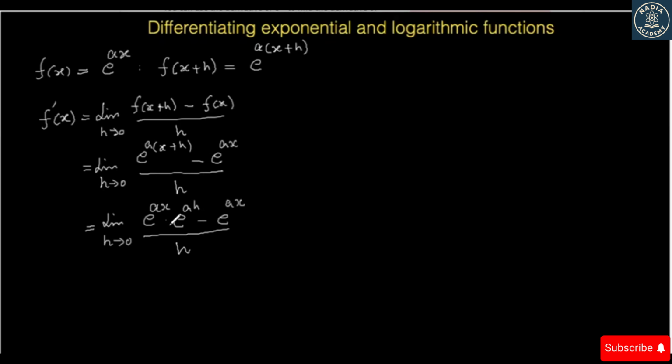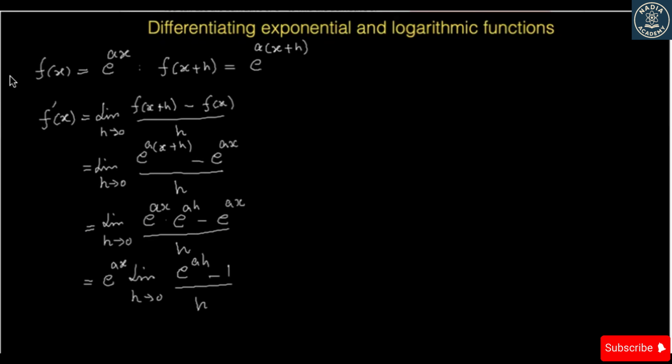Now we have a common factor, e power ax, and then we apply the limit as h approaches 0, and we are left with e power ah minus 1, divided by h.